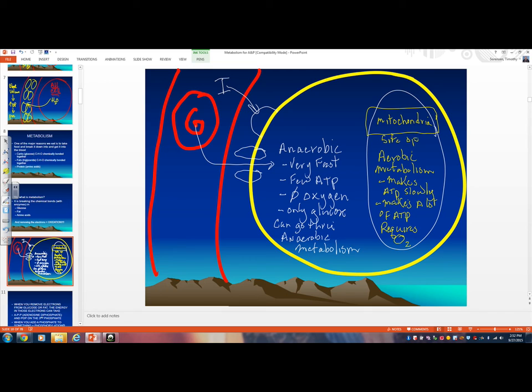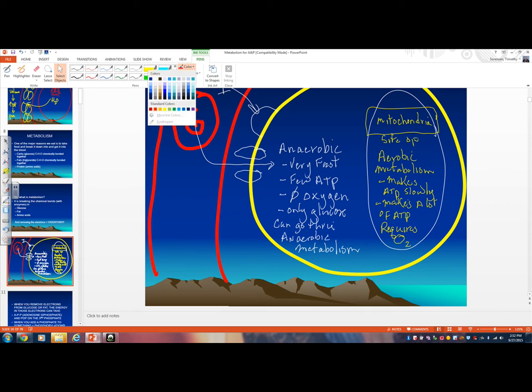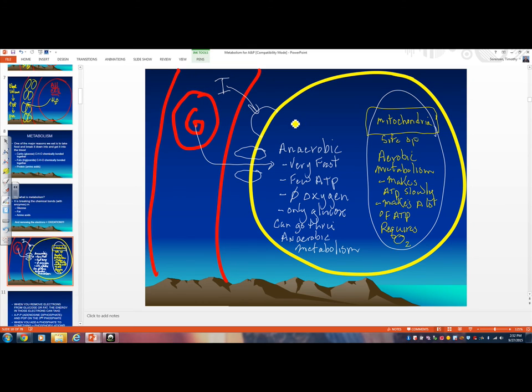A couple of things about the anaerobic phase. Number one, it occurs in the cytoplasm of the cell, so you have enzymes out there that will begin to break it down. Anaerobic metabolism is very, very fast, much faster than aerobic. However, it only makes a few ATP. The big thing is that it doesn't require any oxygen. That's why it's anaerobic. And only glucose can go through anaerobic metabolism.